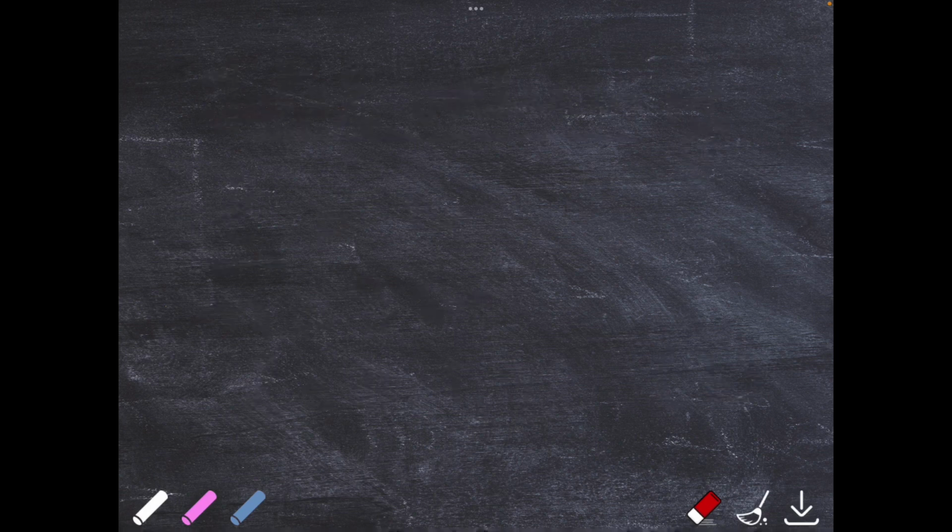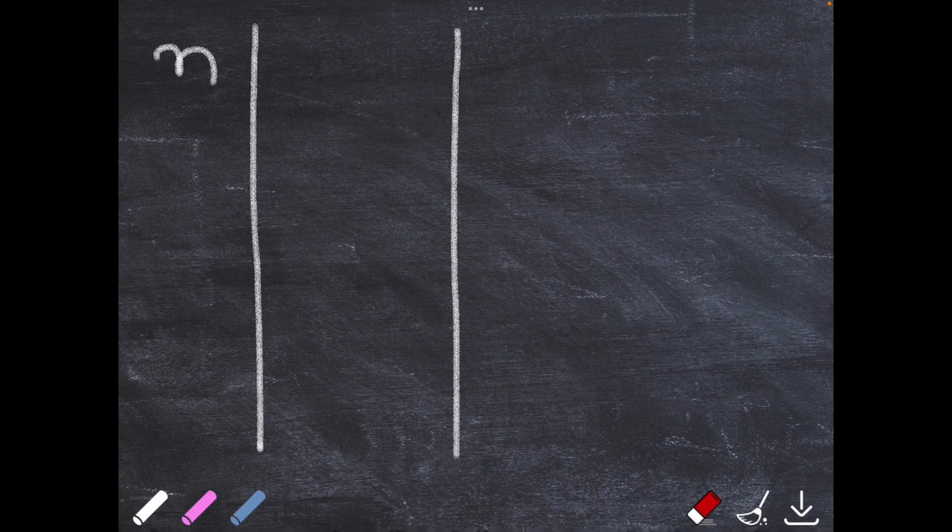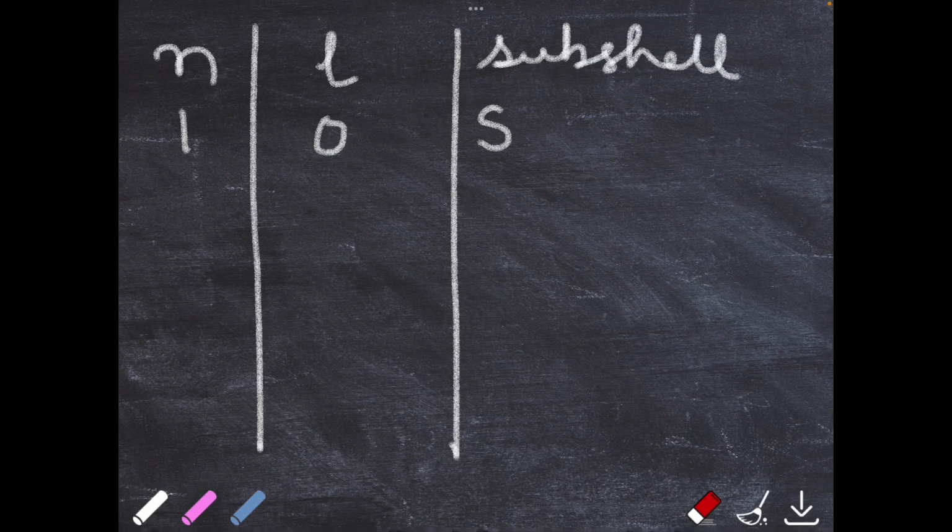Now let's investigate further. Let this be n and let this be l. If n is 1, l will be 0. And if l is 0, we will have the s subshell. And n is 1, so the total value of l will be 1 only, that is 0.